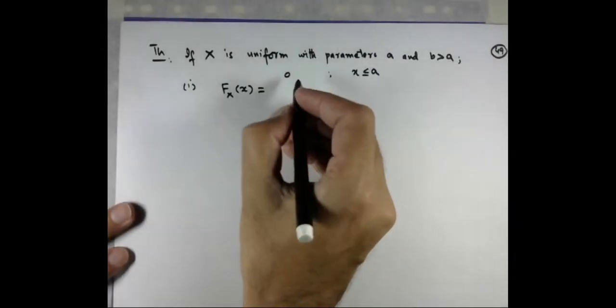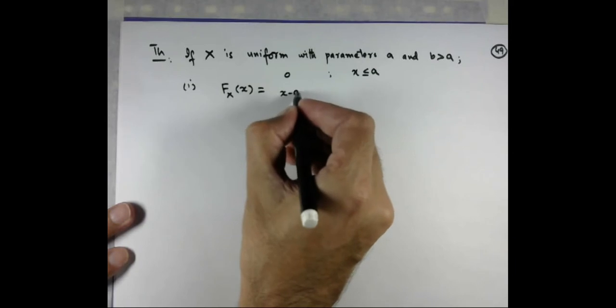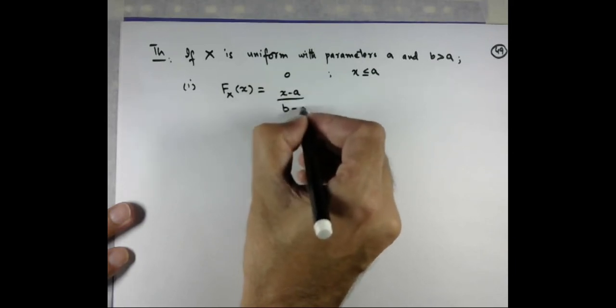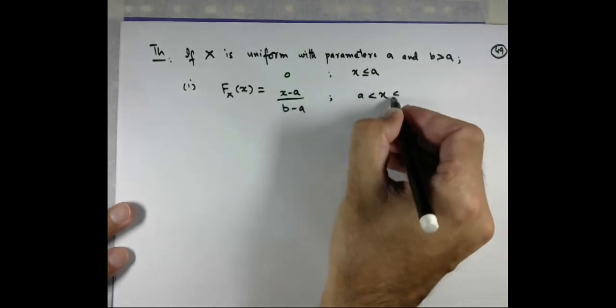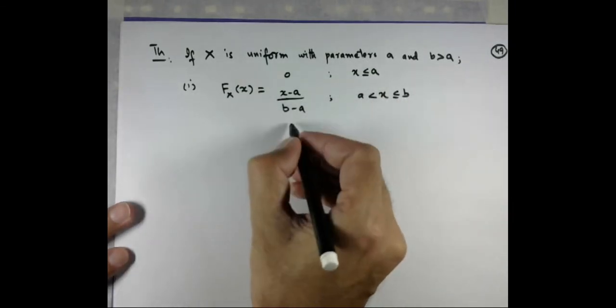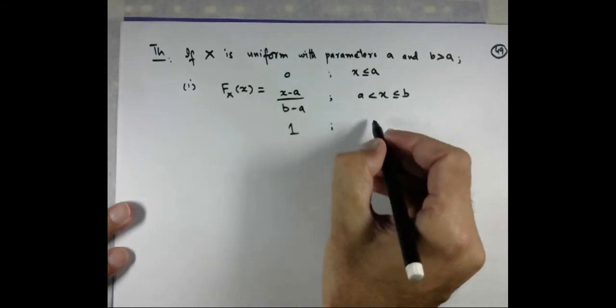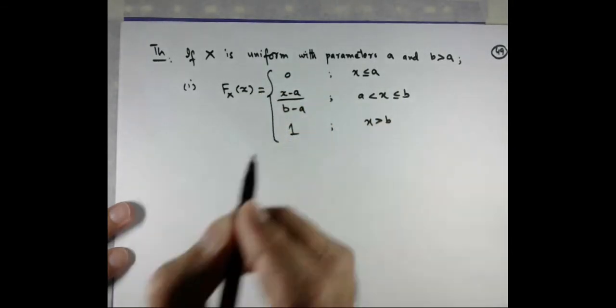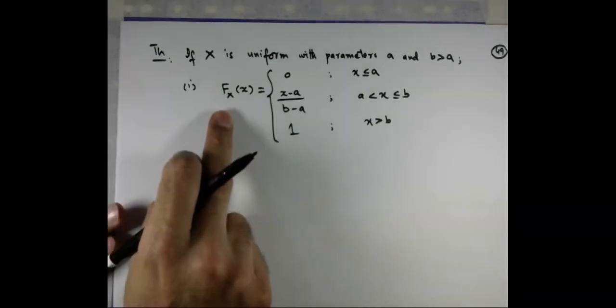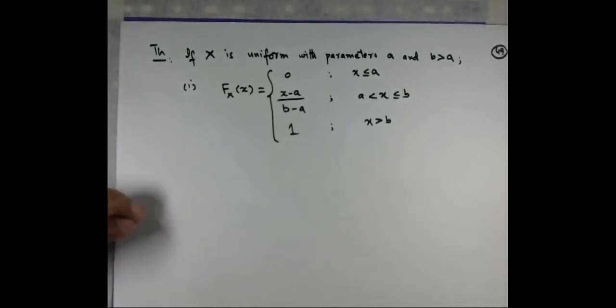It is equal to (X minus A) over the total interval (B minus A) if X is greater than A and less than or equal to B, and it is equal to 1 for X greater than B. So this is the CDF of a continuous random variable.